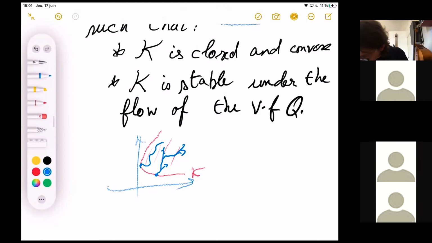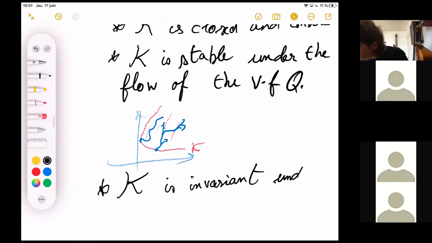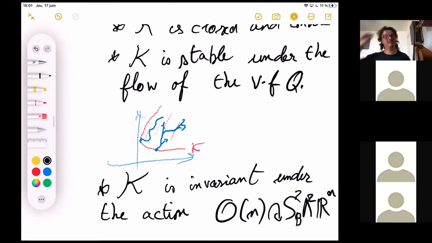So, a third condition: K is invariant under the action of the orthogonal group on that space. So you can make an orthonormal change of basis, and this set of curvature operators shouldn't change when you do the change of basis.